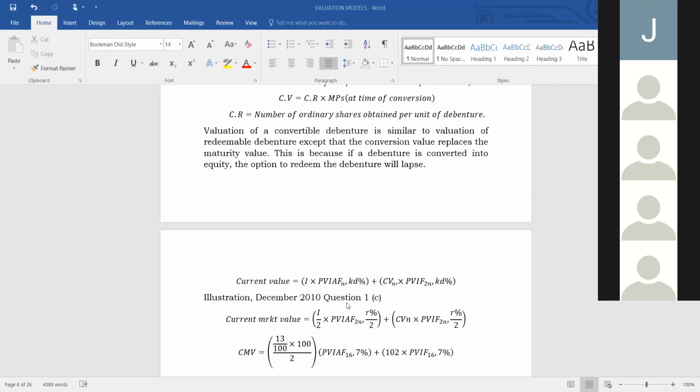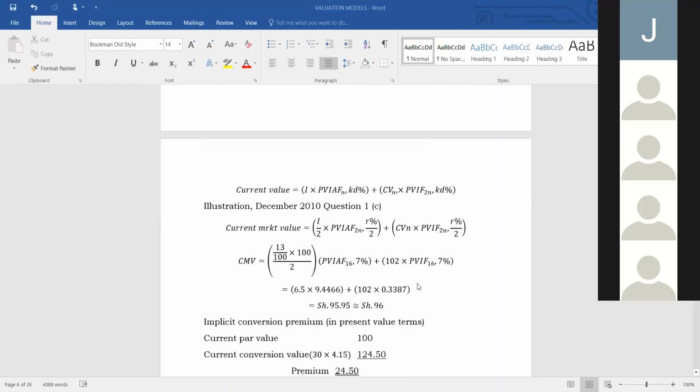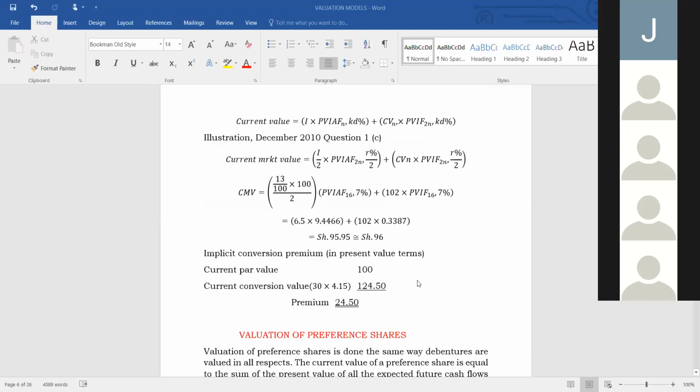So when you're dealing with convertible bonds, we have to capture what we refer to as a conversion value. Interest is worked out the same way, treated as an annuity, then determine a conversion value. Conversion value is basically the market value of ordinary shares obtained per unit of debenture.